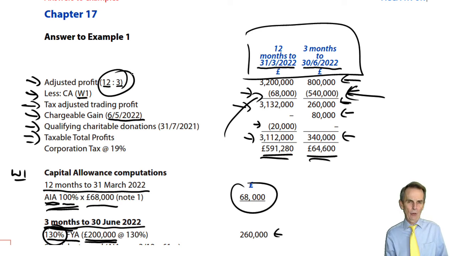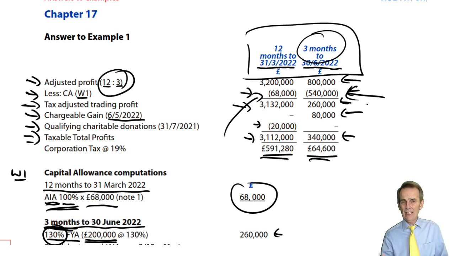Separate capital allowance computations for each accounting period. Note that second period, as it's 3 months, remember to time apportion any WDA that might otherwise have been available, or of course as here, the AIA limit. Allocate capital gains as we've done there.